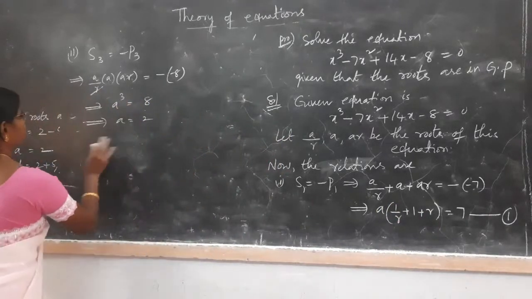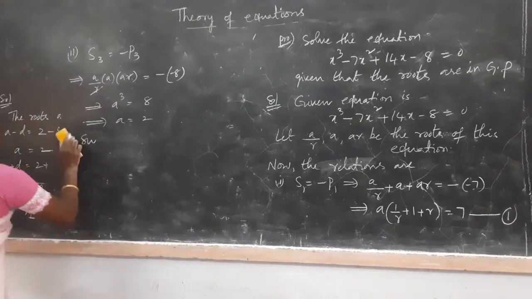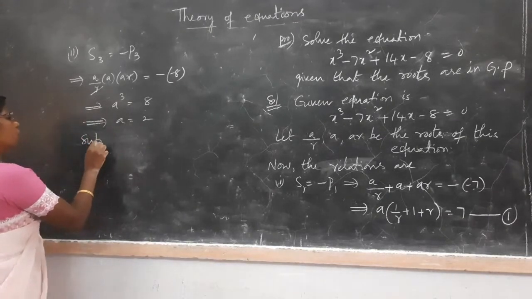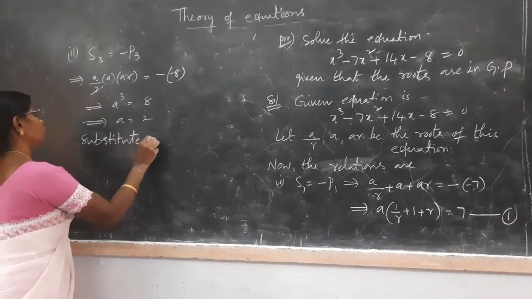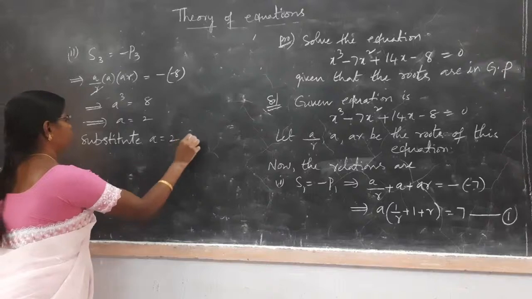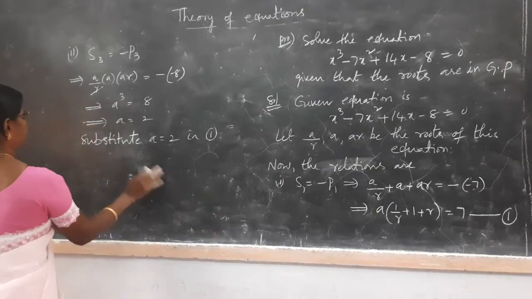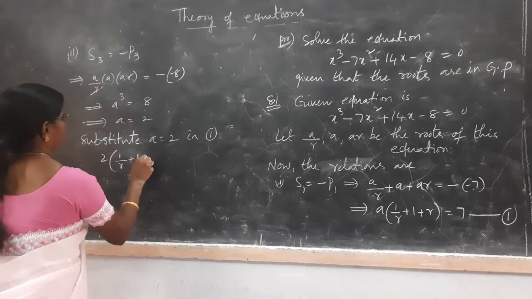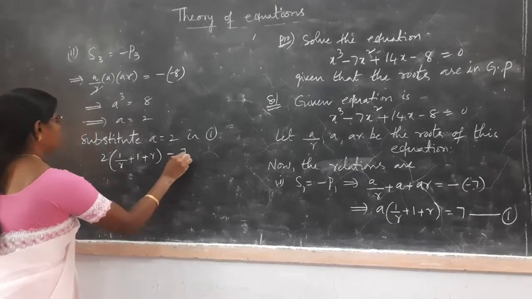Substitute. There is no rule that we must write all the relations. Substitute a is equal to 2 in 1. So 2 into 1 by r plus 1 plus r is equal to 7.